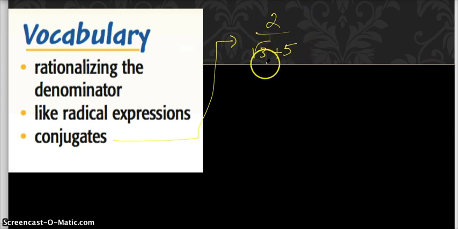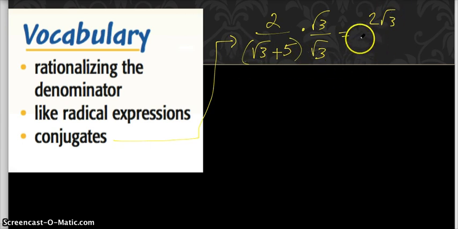To rationalize the denominator, it's not going to work if I multiply the top and bottom by root 3, because I'd end up with 2 root 3, and down in the denominator I'd have to do the distributive property, and you would see that I would end up with 3, that's root 3 times root 3, plus 5 root 3, another radical expression. Not helpful.